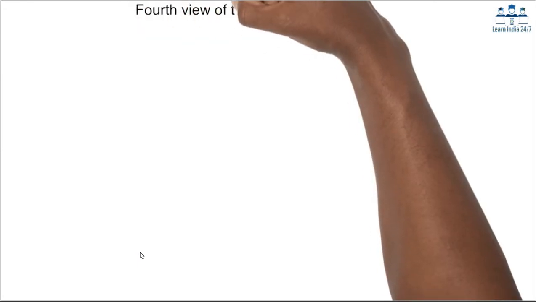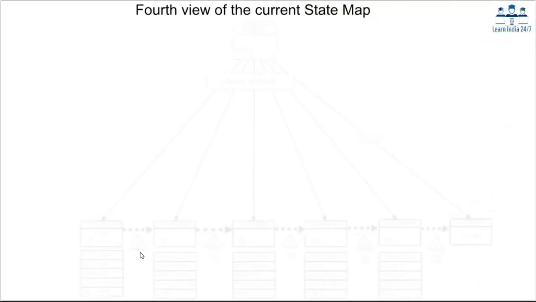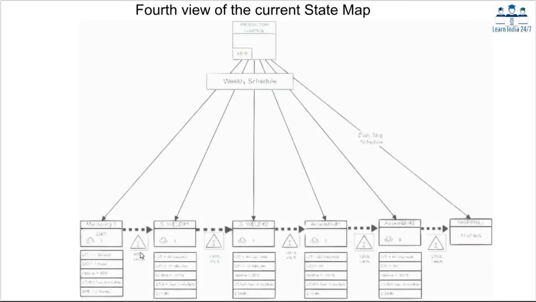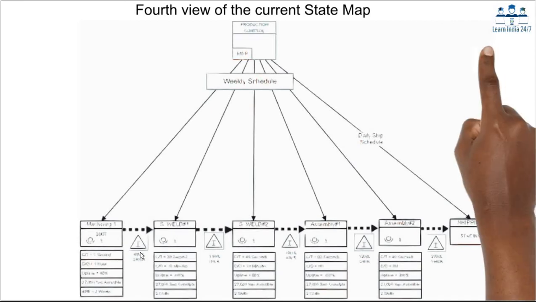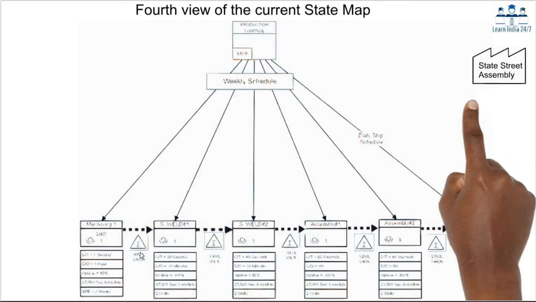So in the next stage of the value stream map, we will show information flow and push flow of material from one process of Acme stamping to another process. Next, the customer State Street Assembly communicates the shipment requirement to the production planning and control unit in Acme stamping.